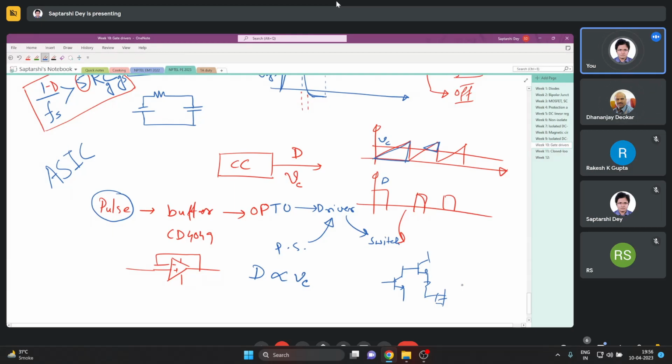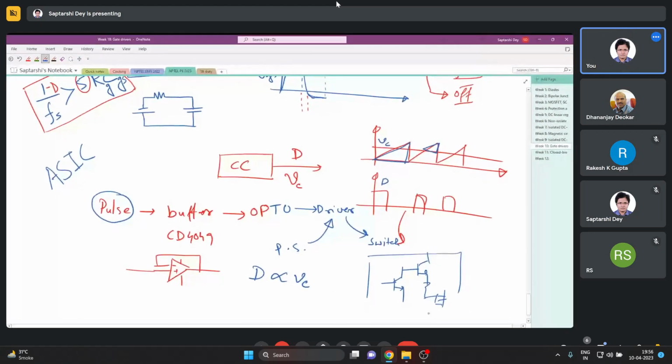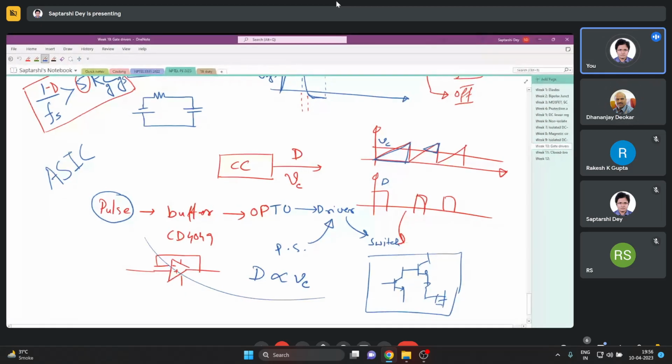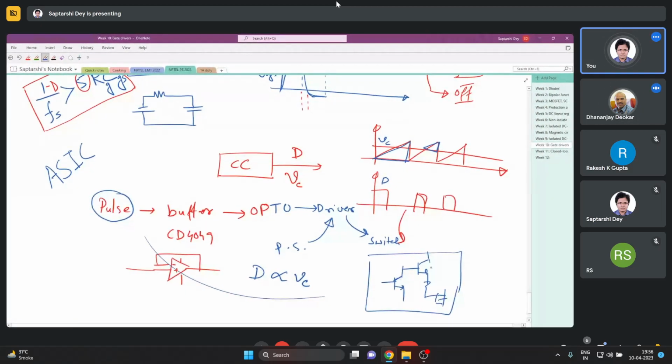Instead of having such a large circuitry, where there might be mistakes, you make one ASIC, produce it in bulk, and put it in your circuit. It makes the whole thing small, the possibility of error reduces because you have one monolithic IC rather than many devices, so it overall becomes compact.